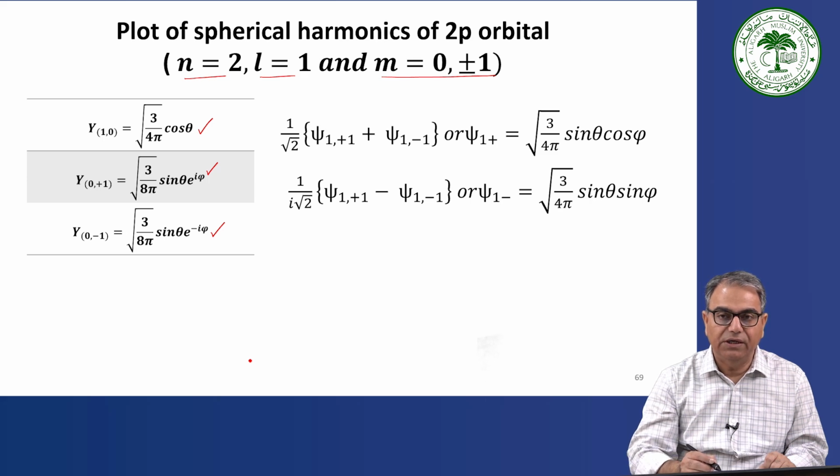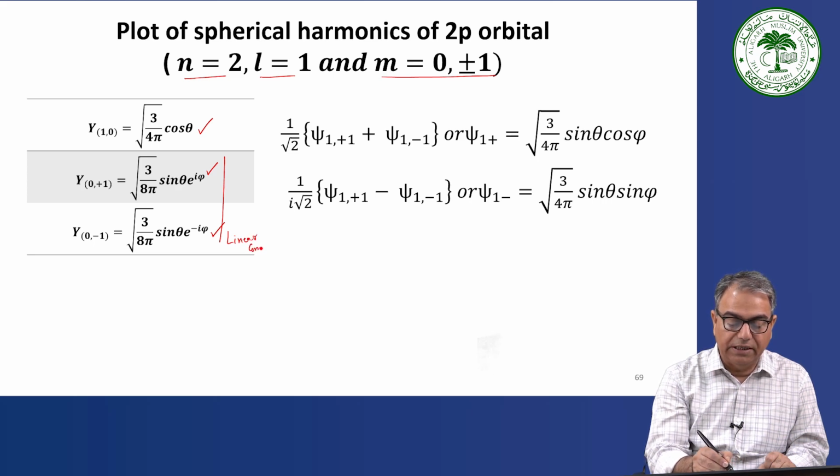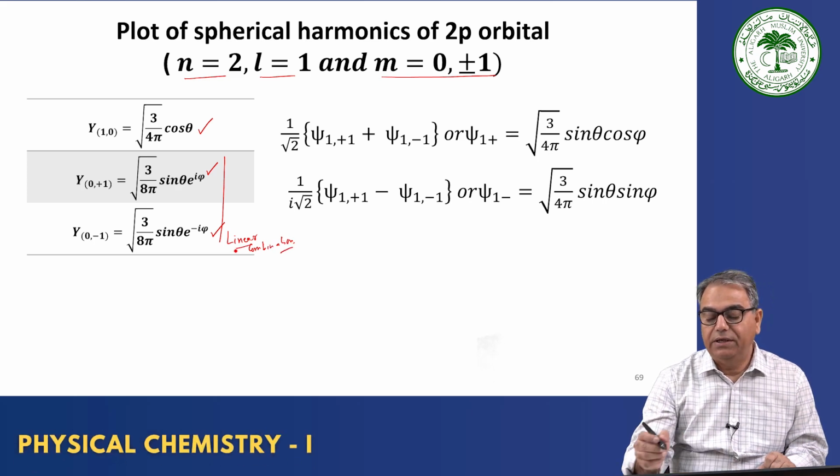One way of converting is taking a linear combination of these two orbitals, and I derived this in the earlier slides. If you go back in the previous modules, you will find it. We write the positive and negative combinations as psi 1 plus and psi 1 minus, which come out to be root 3 by 4 pi sin theta cos phi and root 3 by 4 pi sin theta sin phi.